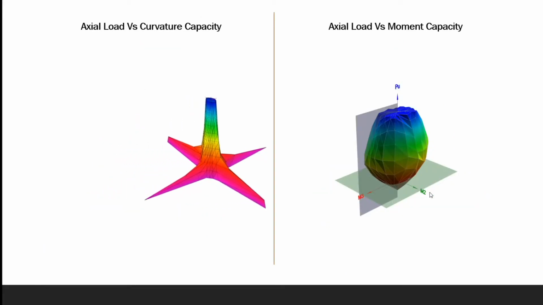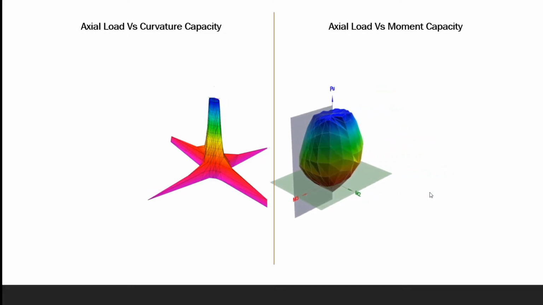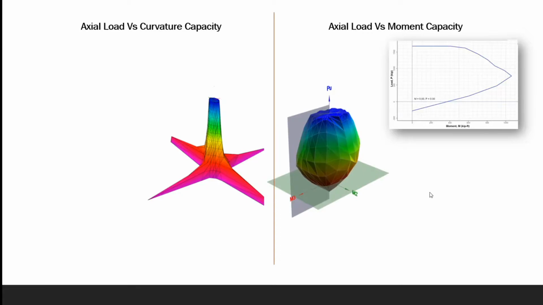So if you look at these two surfaces and if you look in deeper and dissect them vertically as well as horizontally. So if you look at the moment and axial load capacity, we will see that they represent a plot between moment along any axis as well as axial load, and this represents the PM interaction.